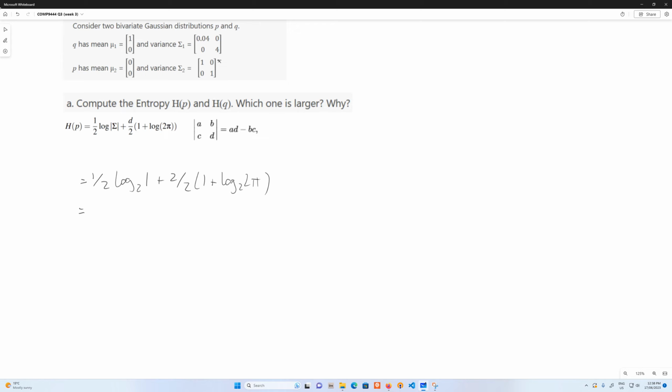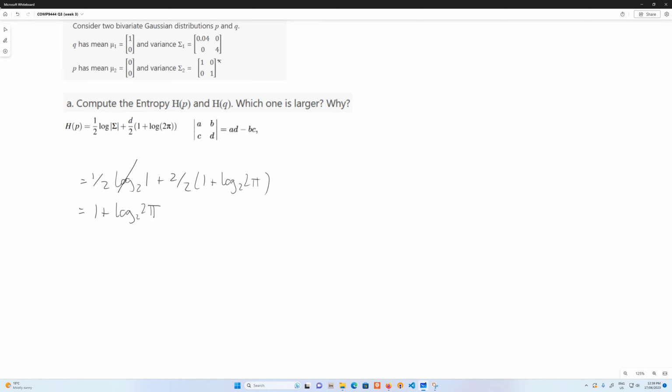Now log 1 evaluates to 0, so this first term we can ignore. 2 divided by 2 is equal to 1. So this reduces down to 1 plus log 2 pi. That is the entropy for distribution P.